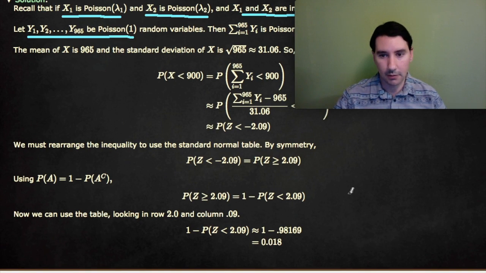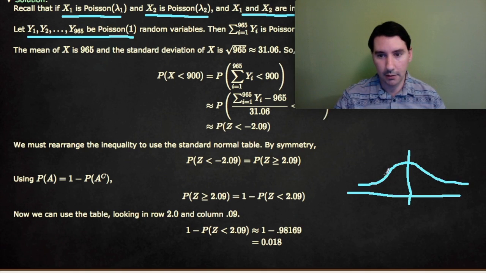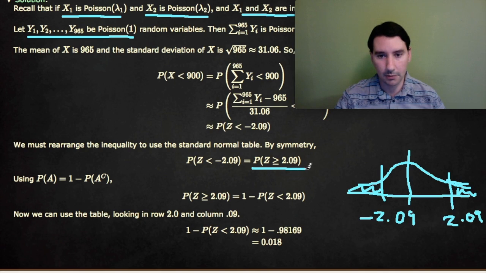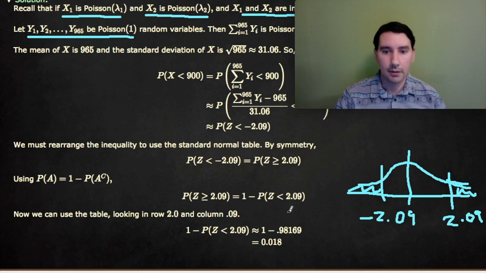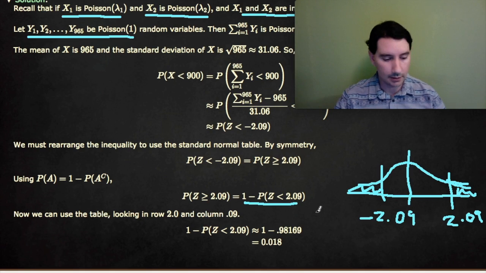Because the bell curve is symmetric about 0, the probability that a standard normal is less than minus 2.09 is exactly the same, by symmetry, as the probability that the random variable is greater than positive 2.09. So we can change this to the probability Z is bigger than or equal to 2.09. And that is going to be 1 minus the probability it's less than 2.09.